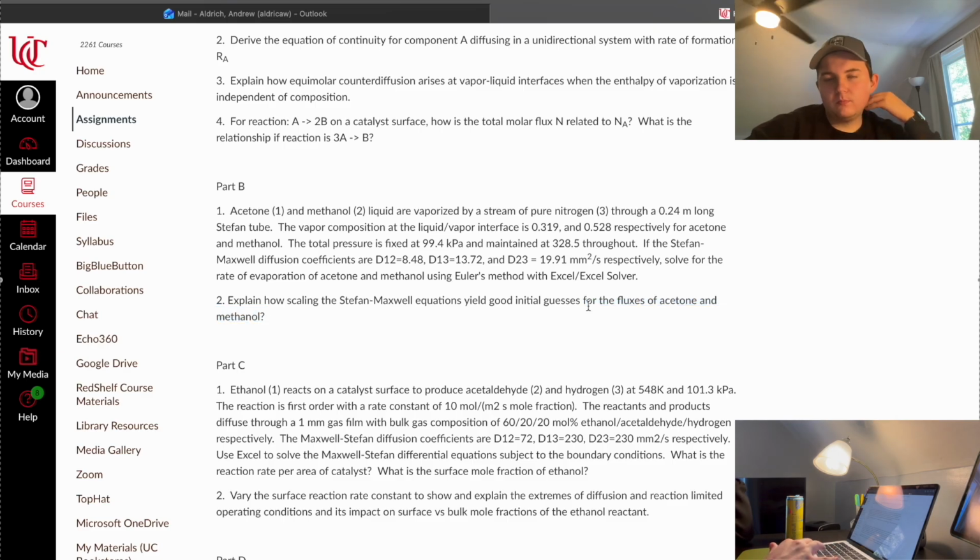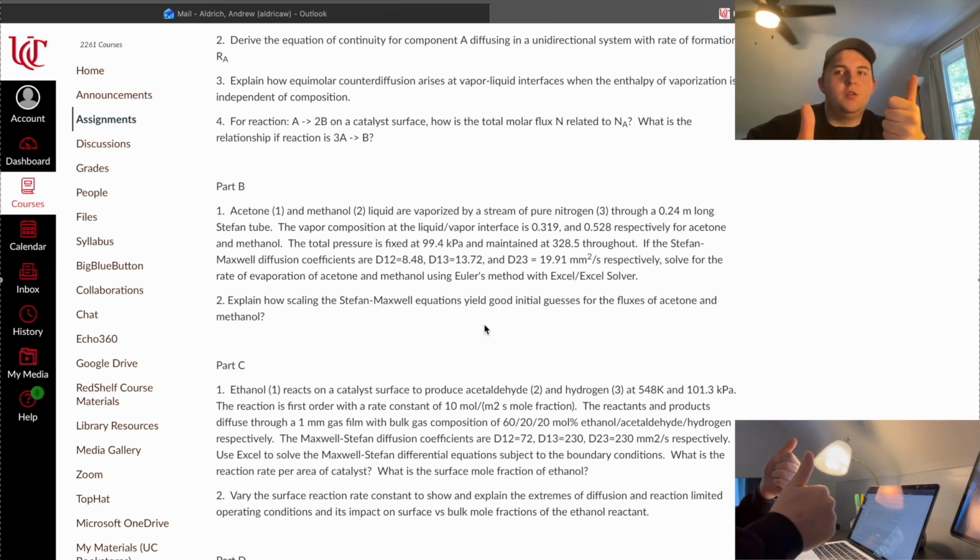So the first part kind of just explains how we can not exactly get 100%, but how we can use intuition and unit manipulation to do the values ourselves. So cool.